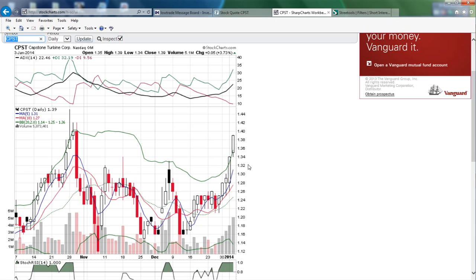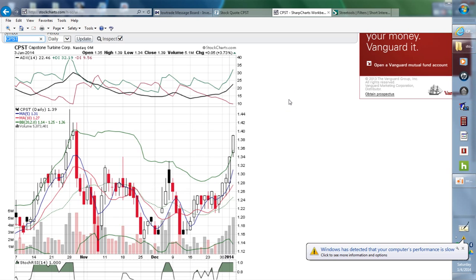That's where you watch it, and wherever it bounces, if it bounces before 38% fibs, odds are it's going to come up and break 140, and then the short squeeze might happen and the sucker might take off. So this has got good potential. Guess what you do with something like this? You put it on the watch list.